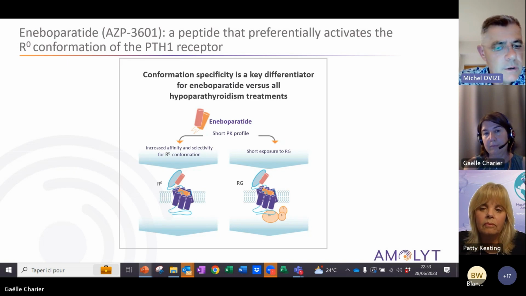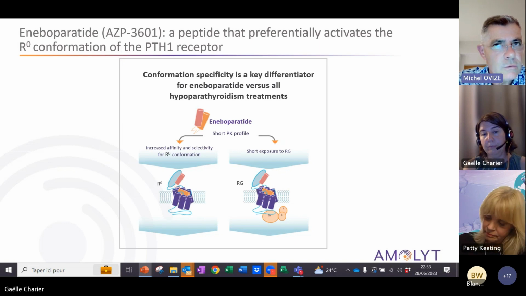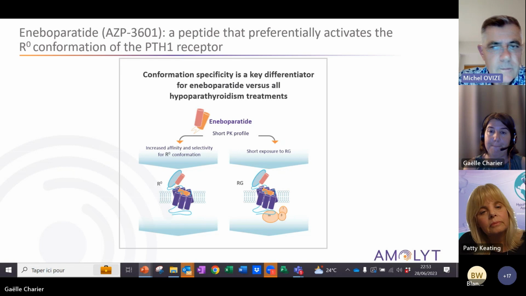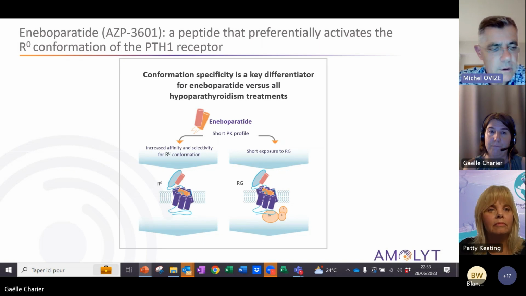Based on what we know from the phase 2 study we have performed, it's pretty quick. Within a few days or a few weeks, investigators and patients tell us that they feel improved in terms of all the symptoms they can have, with the limitation that measurement of the efficacy on symptoms is not easy.